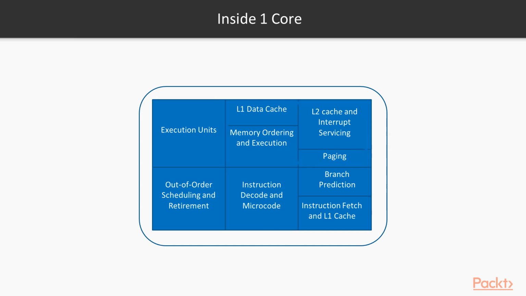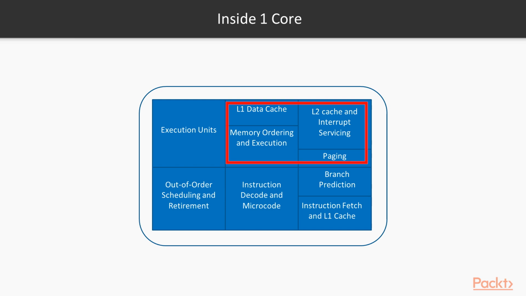Another third or so of the core is going to be spent on memory cache. That memory cache is very important because we have multiple layers of memory cache going from the L1 cache, which is the fastest cache, all the way up to L3, and then finally the system memory, getting slower and slower at each point.